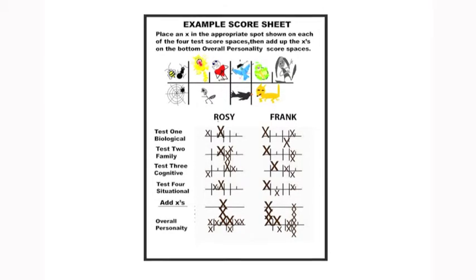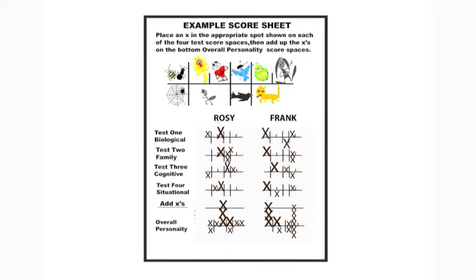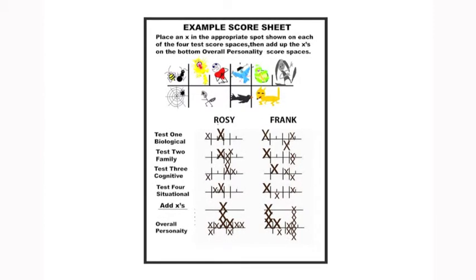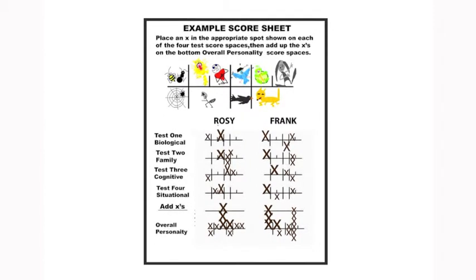To add them up, just drop all the X's down in their respective boxes. Do not change the size of the X's. Pile them up for the upper nature, hang them down for the lower nature. I have done this for Rosie and Frank. Now you have an overview of which widgets dominate.